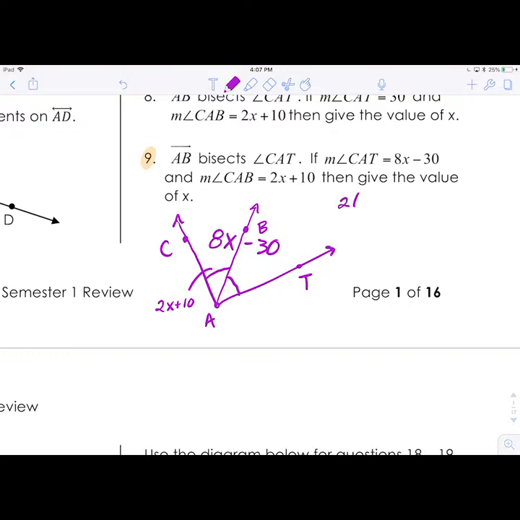So I'm going to do 2 times 2x plus 10 and set that equal to 8x minus 30 and solve for x that way. So I'm going to get 4x plus 20 is equal to 8x minus 30. Subtract 4x on both sides, and you get 20 equals 4x minus 30. Add 30, we're going to get 50, and therefore x is equal to 50 divided by 4, which is 12.5.